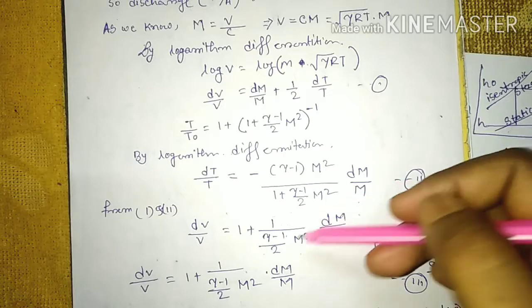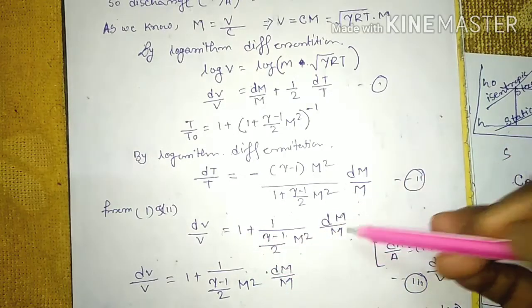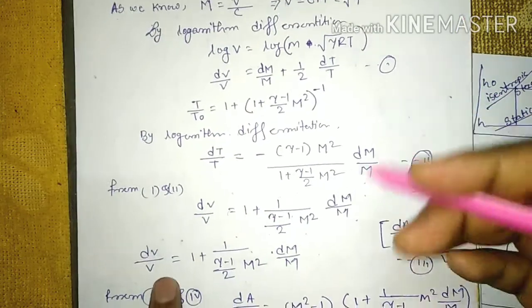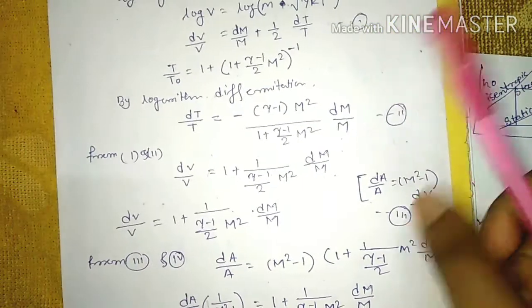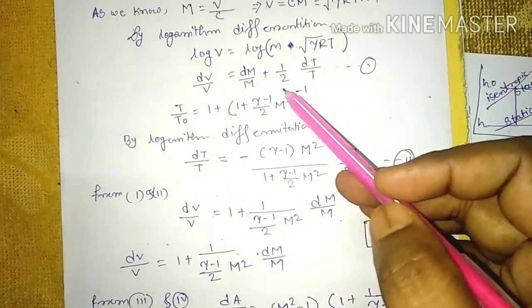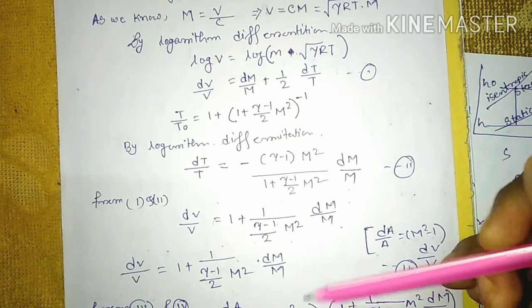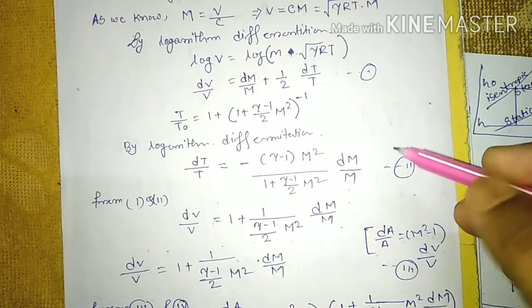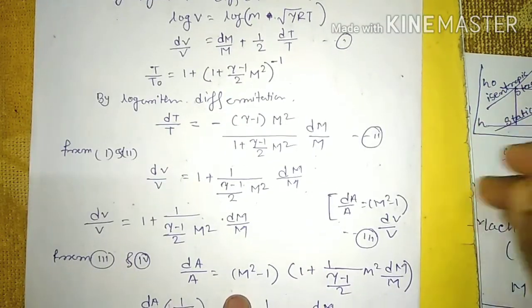So you can calculate dV by V is equal to this term. Now the expression is dA by A, from the previous expression.